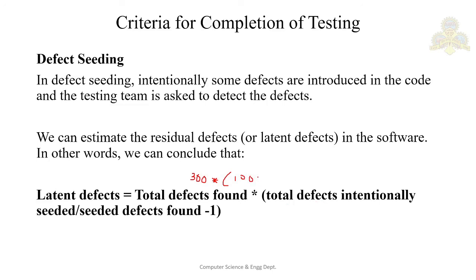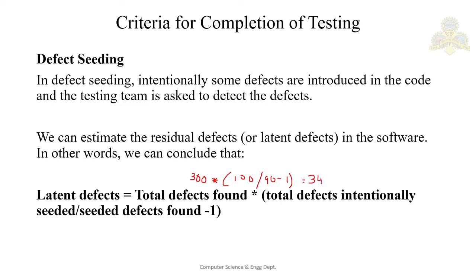Out of these intentionally added defects, suppose the testing team has found 90 defects, that means seeded defects found is 90, minus 1. So altogether, when you calculate this, you'll end up with the result as 34.